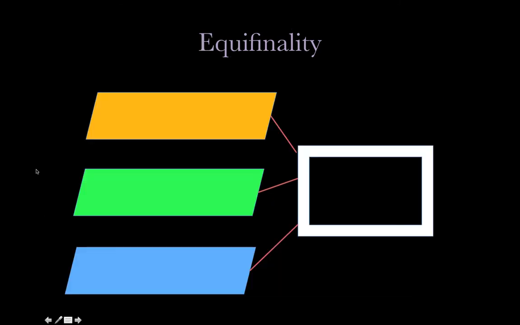On the flip side, we have the principle of equifinality, which is just the opposite. It says that different systems can reach the same end point. So, making it applicable to this class, we're all on the same page here. This class is raising money for the Guy Doogie Center, which we'll situate in this white box. But you're likely not the only one that's contributing financials to the Guy Doogie Center, right?